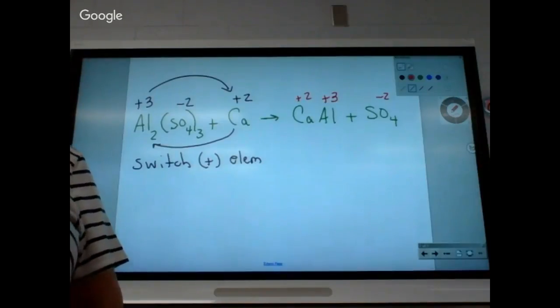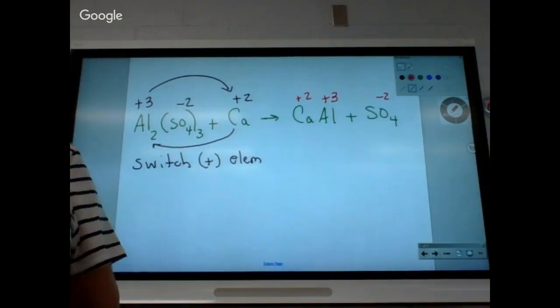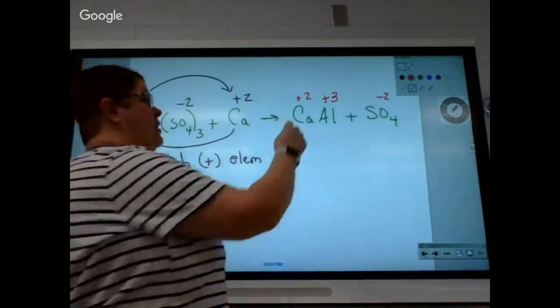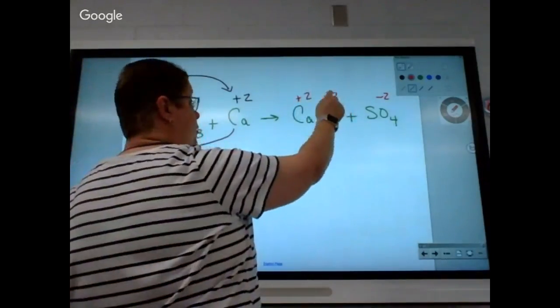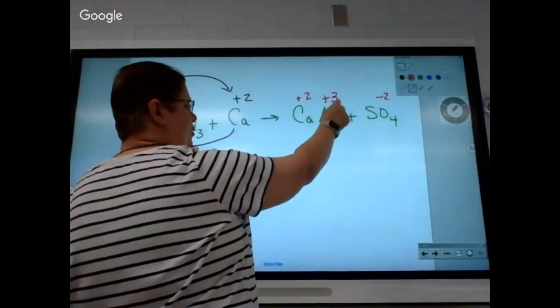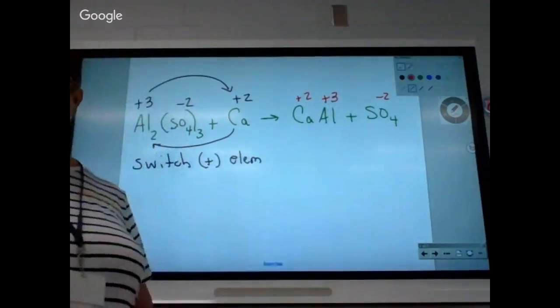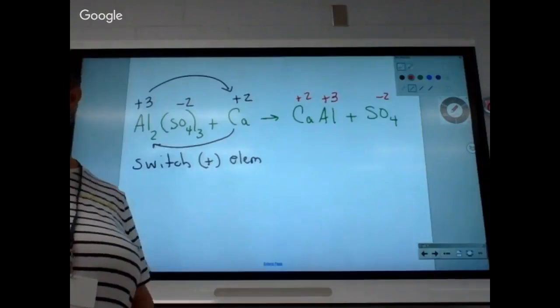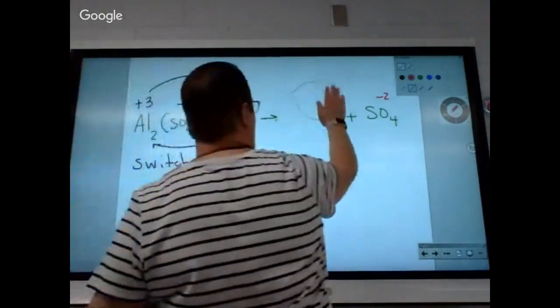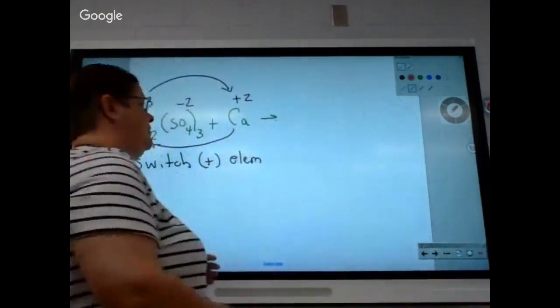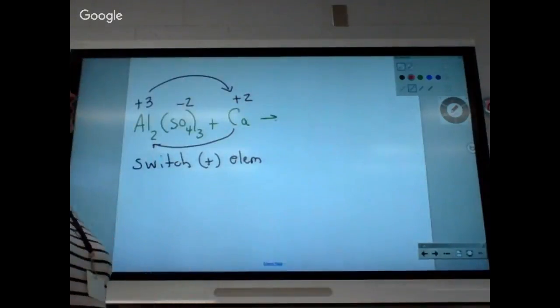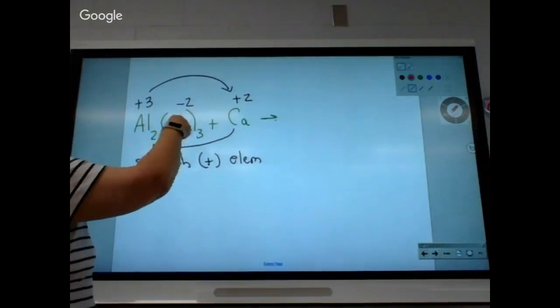It has to be a positive with a negative. So when you put your oxidation numbers together and you look at them and you're like, I got 2 positives together. Can you have 2 positives together? No. That should tell you you did something wrong. Okay? So we don't put the 2 positives together. We switch them. So Ca is going to be with who?